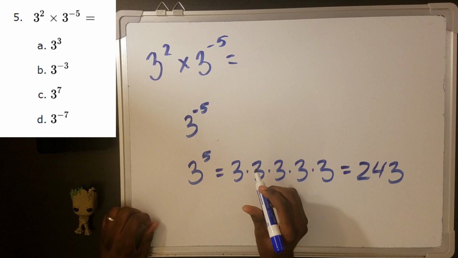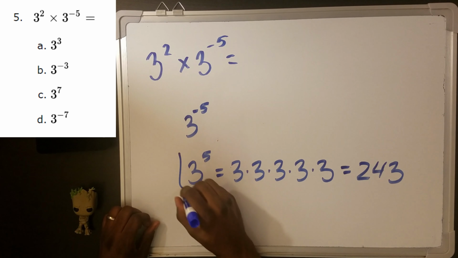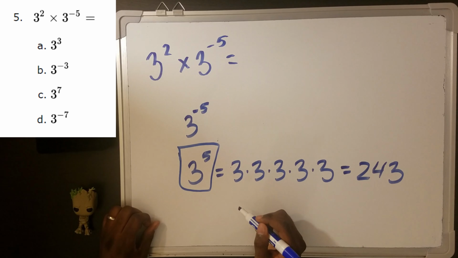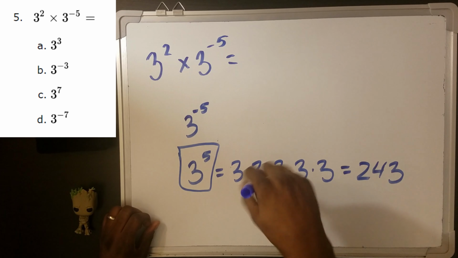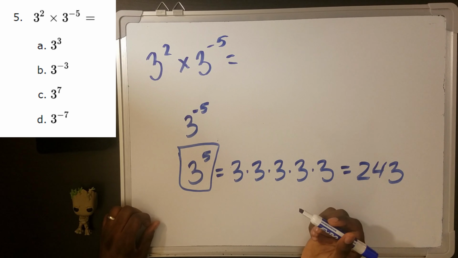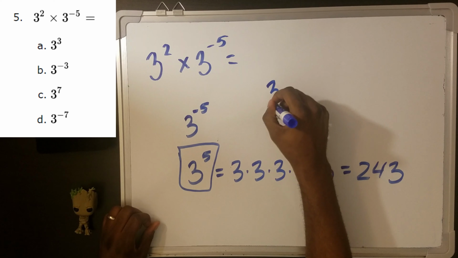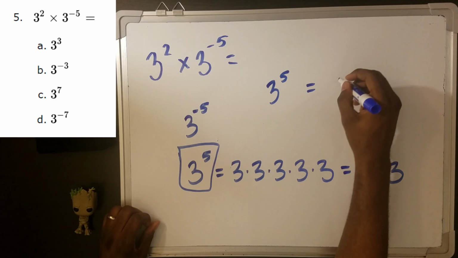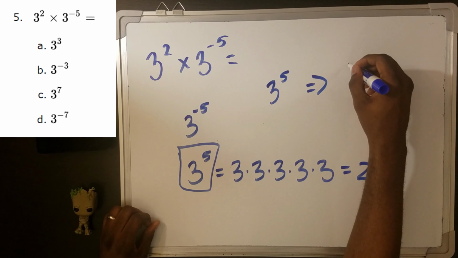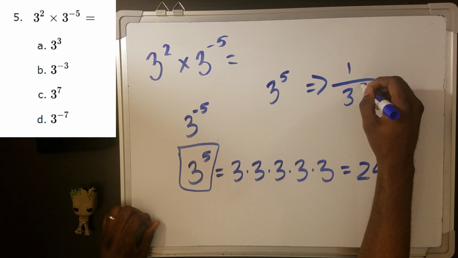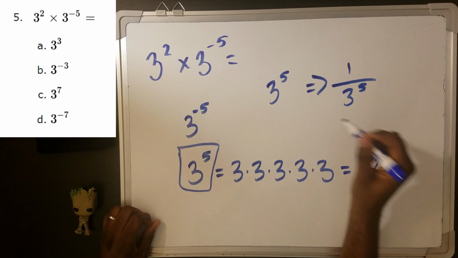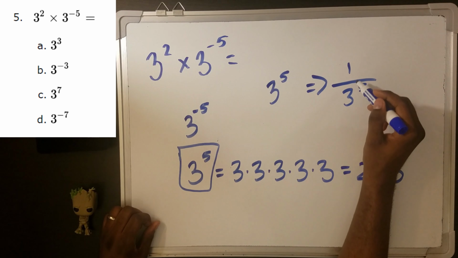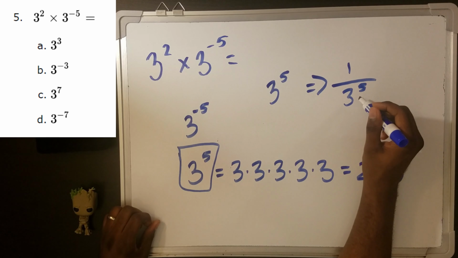What the negative exponent does is pretty much it takes the positive version of itself and flips it to its reciprocal. So what's the reciprocal of 3 to the 5th? Well, that is going to be 1 over 3 to the 5th, right? The reciprocal of 3 to the 5th is 1 over 3 to the 5th.